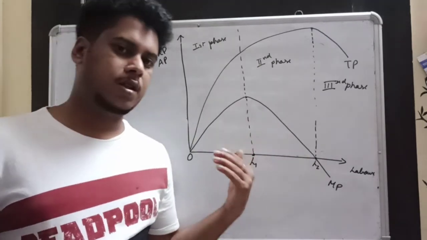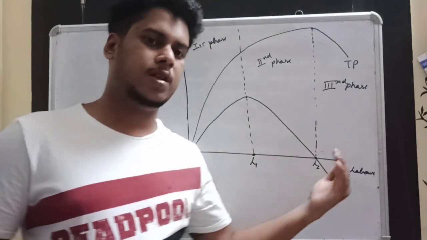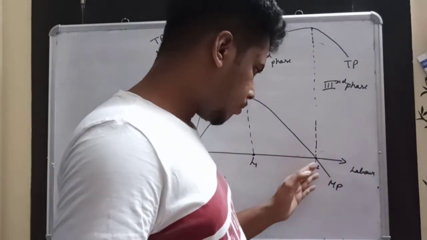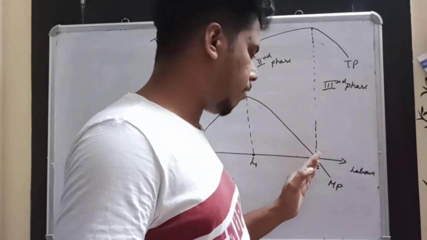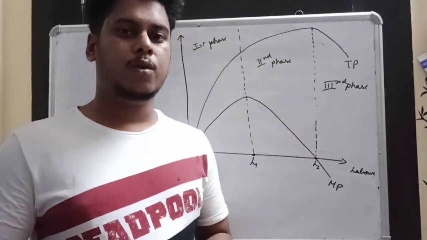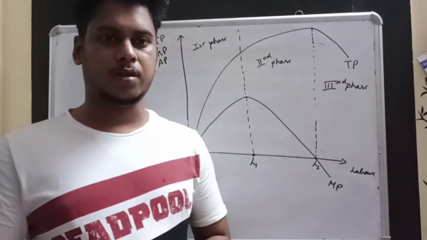Now as the resources or the inputs go on increasing, managing them becomes difficult, and after the L2 point the labors are getting saturated. Now we are witnessing disguised unemployment.